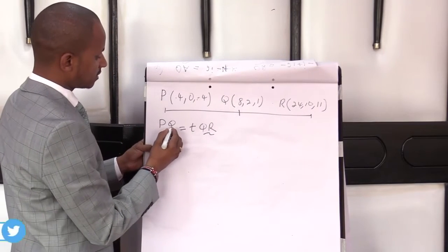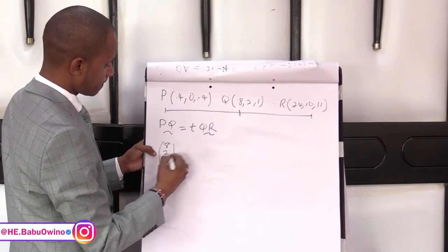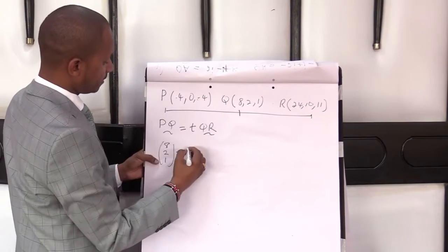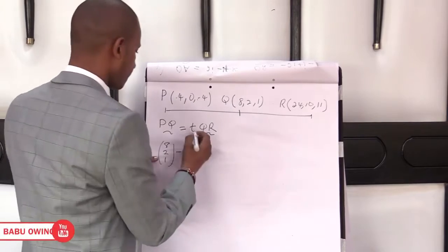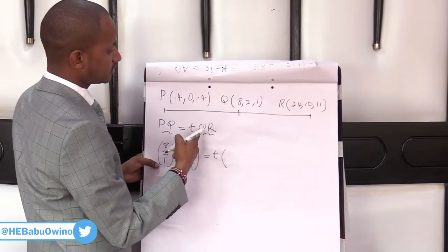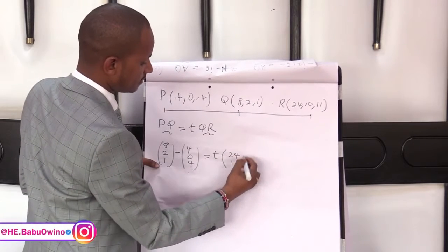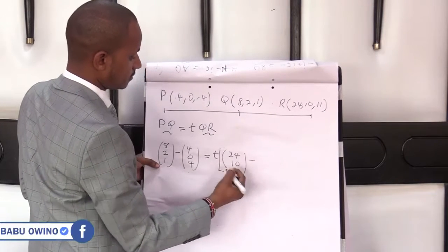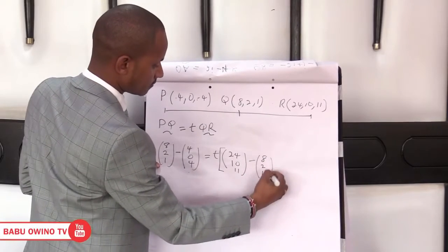So PQ is Q minus P. So Q is 8, 2, 1 minus P, which is 4, 0, minus 4, equals T of QR, which means R minus Q. R is 24, 10, 11 minus Q, which is 8, 2, 1.